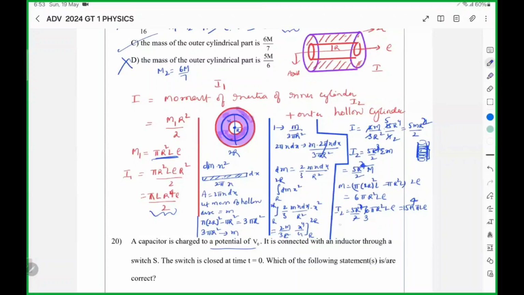Right. I will be I1 plus I2, which is 15 pi r power 4 L rho plus pi L r power 4 rho by 2, which is 31 pi r square L rho by 2. This is moment of inertia.